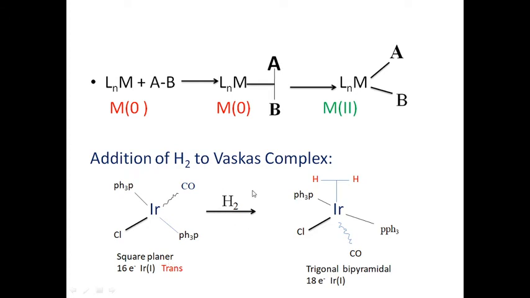When we add this H2, the new sigma bond is formed. New sigma bond is formed by donation of 2 electrons, and the electron count is here 18 electron, means electron count is increased, and this complex has trigonal bipyramidal geometry, but here iridium has no change in oxidation state.